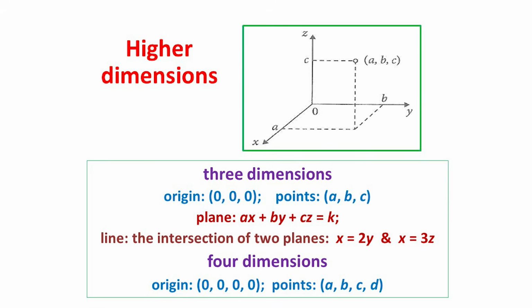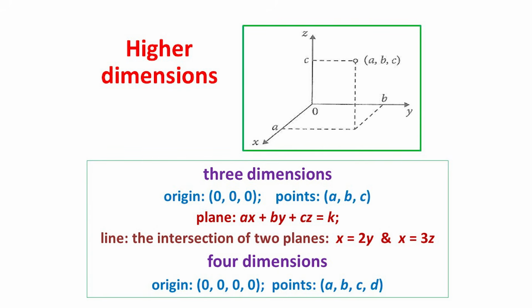We conclude with a brief visit to higher dimensions. On moving from 2 to 3 dimensions, there are now 3 axes in the x, y and z directions. The points now have 3 coordinates, such as 0, 0, 0 for the origin, and A, B, C for a general point.